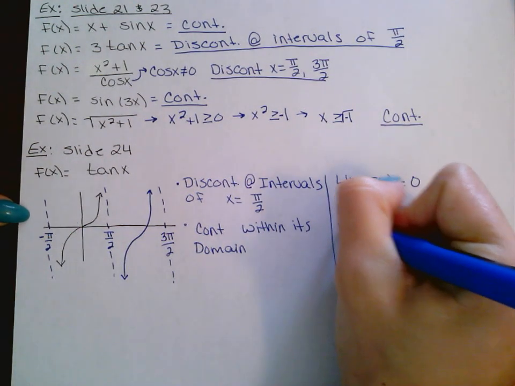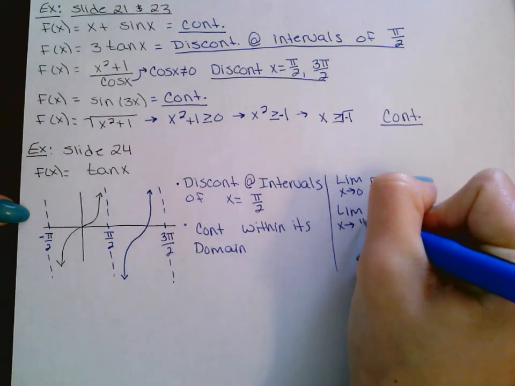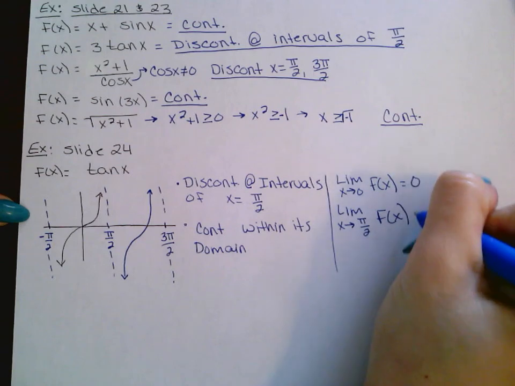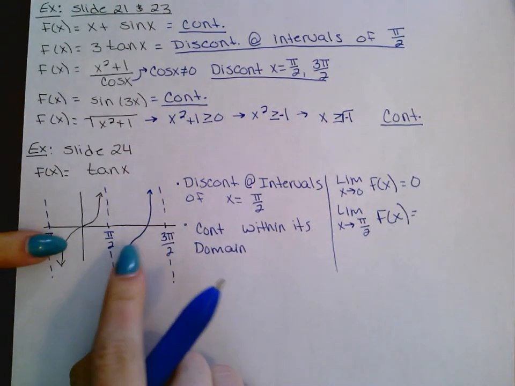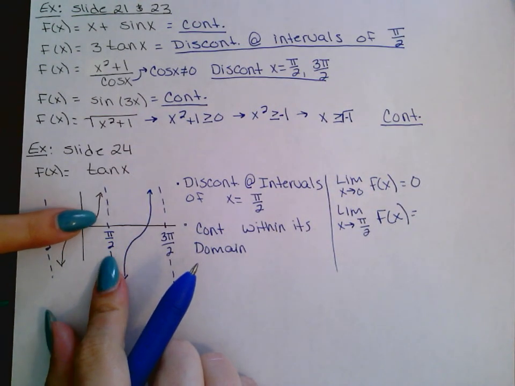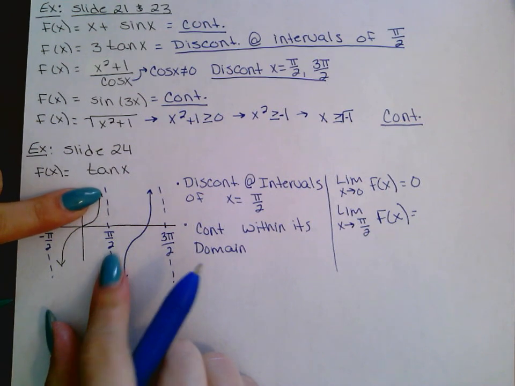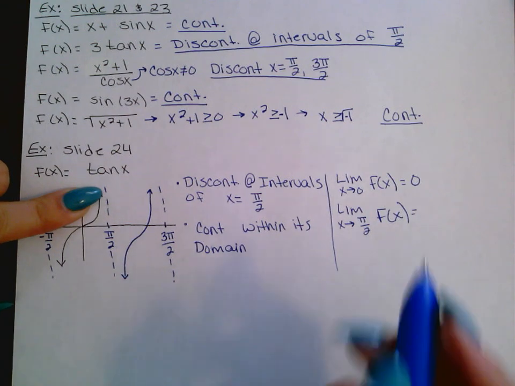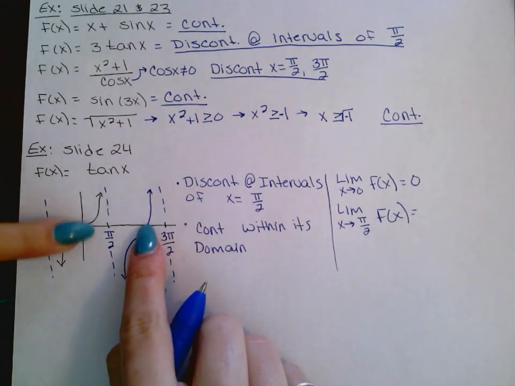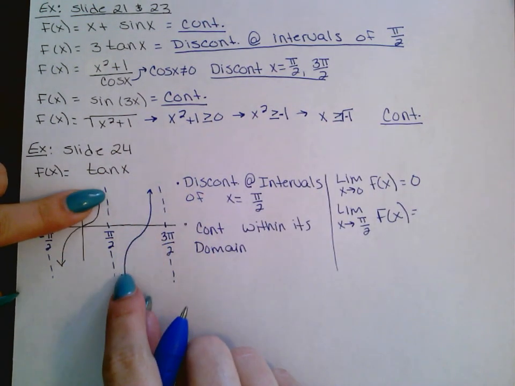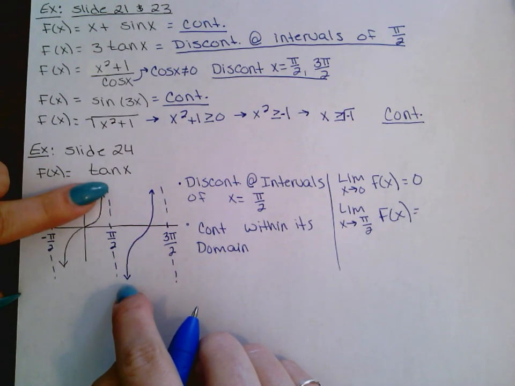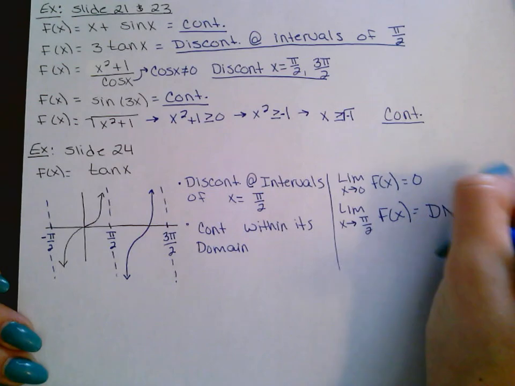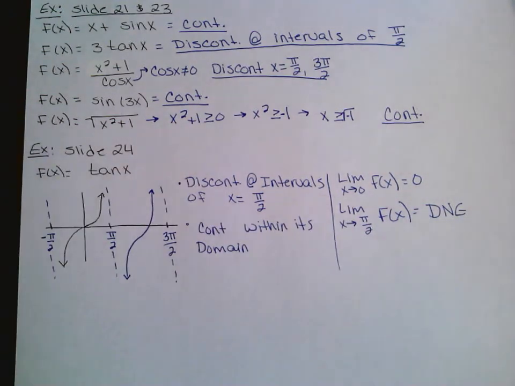But if I talk about the limit as x approaches pi over 2, okay, I can see that from the left of pi over 2, I shoot up to positive infinity, and from the right it shoots down to negative infinity. Okay, so for that reason, because from the left and from the right, they shoot in opposite directions, or the fact that they don't even go to the same location, we could say this does not exist.